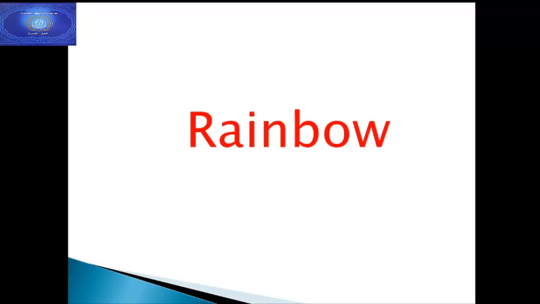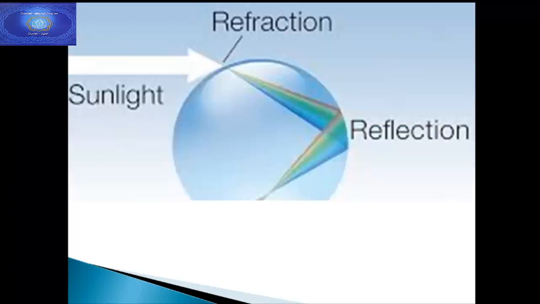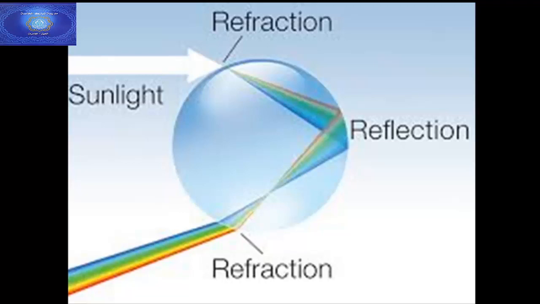How do scientists explain how the rainbow forms? They said that when the sunlight, white light, hits drops of water, raindrops, it will be bent at angles.